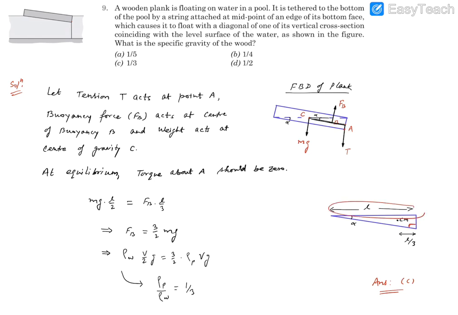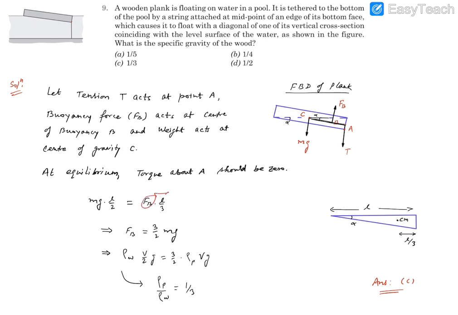We have considered this diagonal to be L. We know the center of mass of this triangular wedge depends on its vertical height, and it is at a distance H by 3 from the base. So this distance comes out to be H by 3, that means L by 3. So the distance from A is basically L by 3.